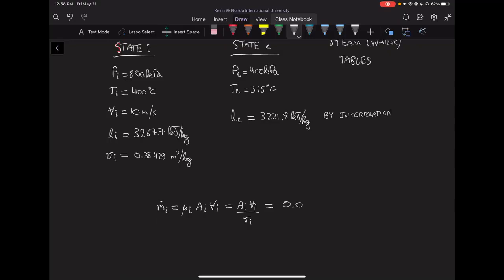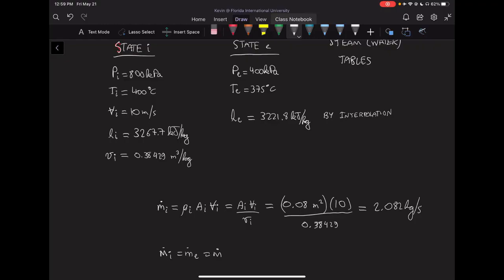So 800 centimeters squared is 0.08 meters squared, multiplied by the velocity, 10 meters per second, divided by our specific volume, 0.38429. And we get that the mass flow rate is equal to 2.082 kilograms per second. And this m dot I is equal to m dot E and is equal to just m dot in general. The mass flow rate is constant throughout. We have the same mass flow rate in as a mass flow rate out.